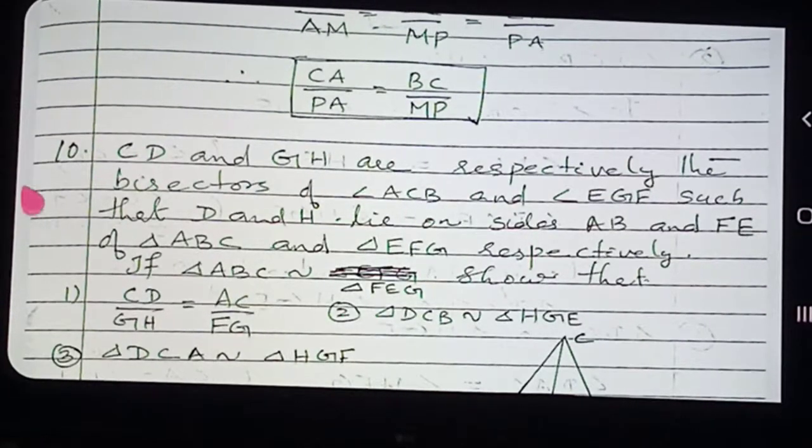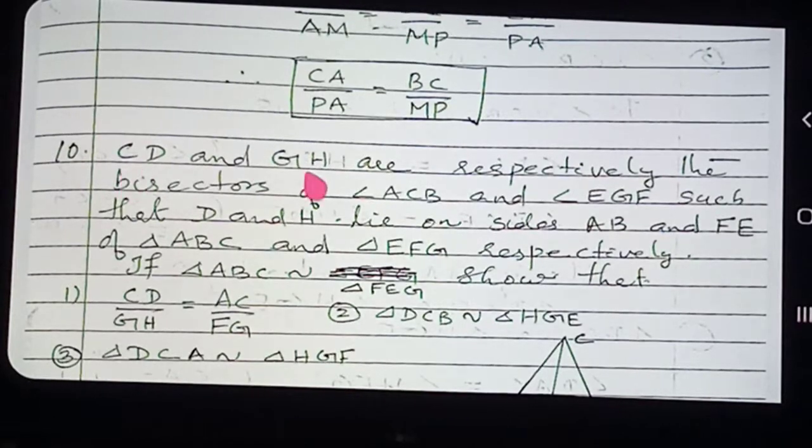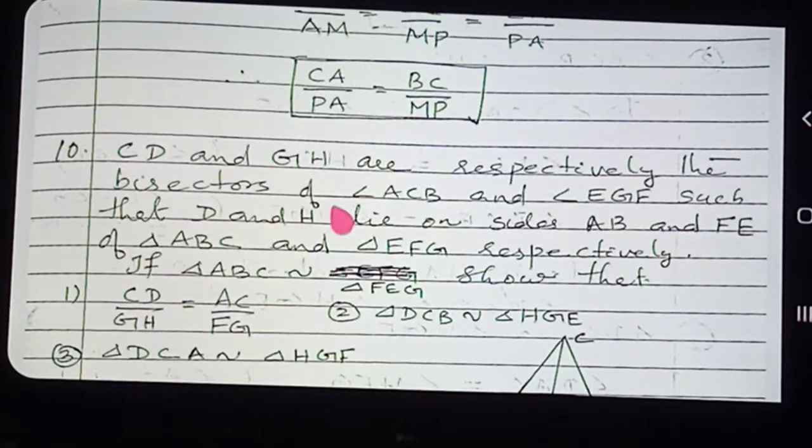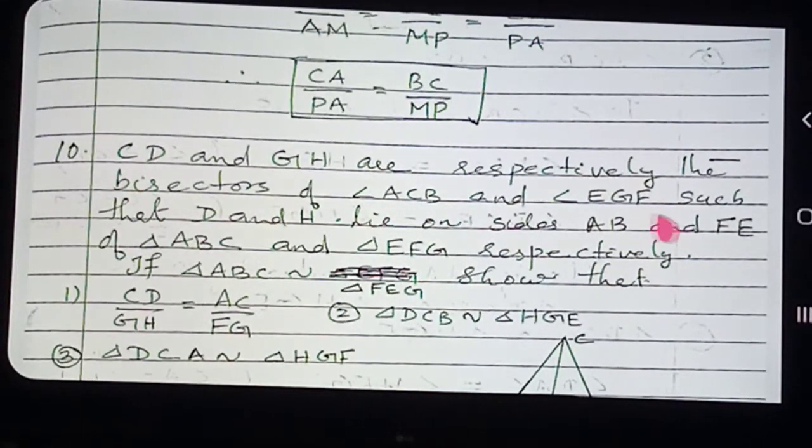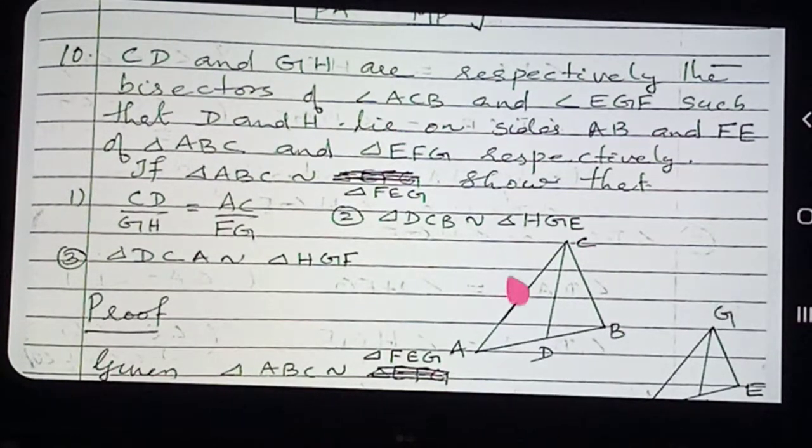Now, question number 10. CD and GH are respectively the bisectors of angle ACB and angle EGF, such that D and H lie on sides AB and EF.